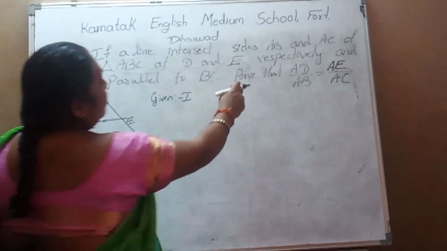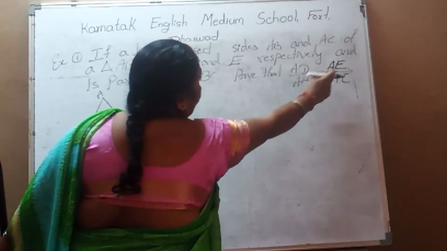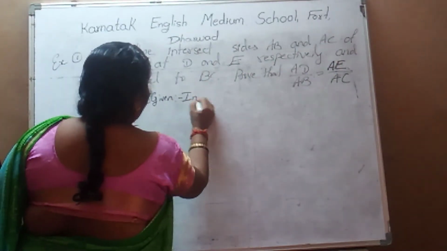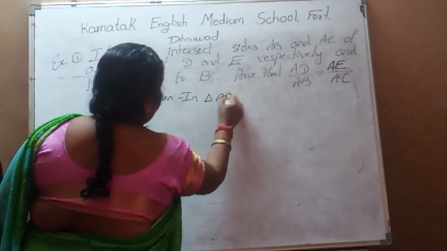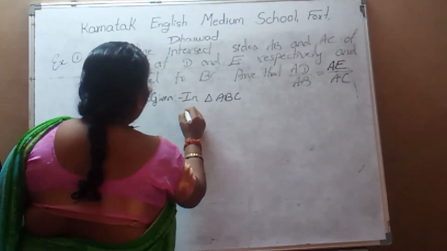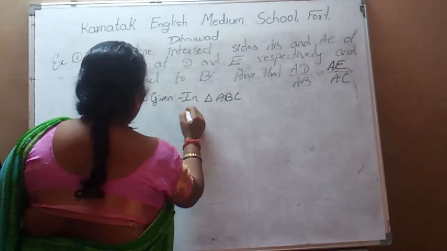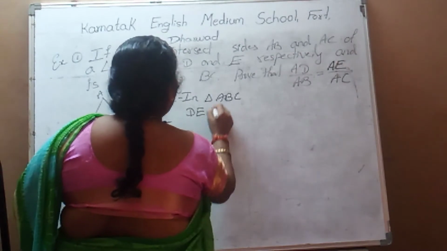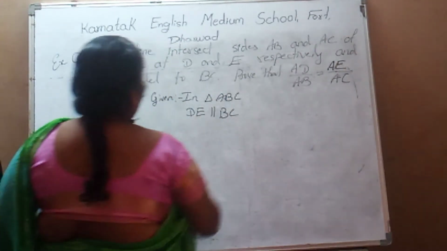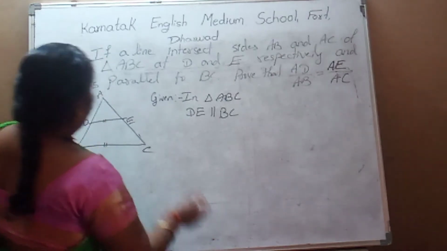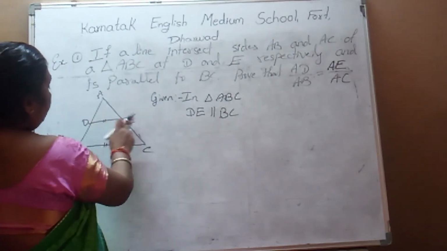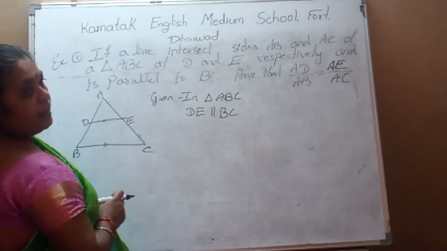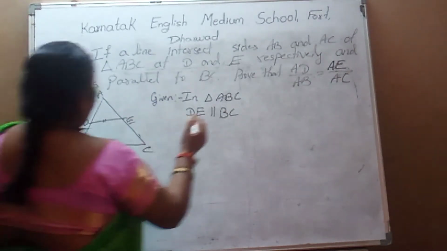In triangle ABC, DE is parallel to BC. This line DE intersects AB and AC at D and E points. That is already given.